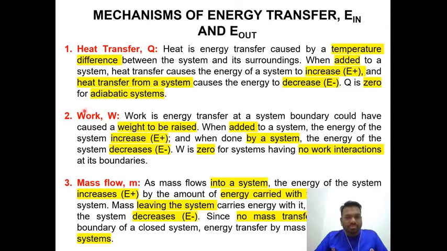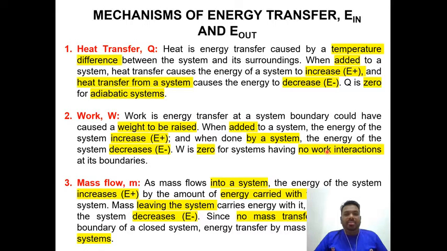For number 2, work, which we call capital W. Similarly, when a weight is raised, or something is moved, meaning work is done. Compared to heat transfer, here we are only moving weights, so no temperature difference is involved, and then we consider it work.